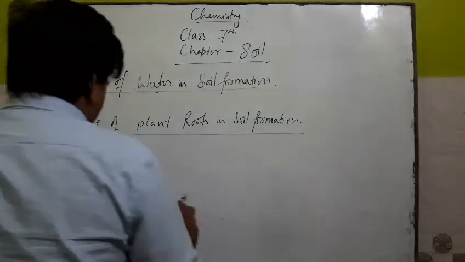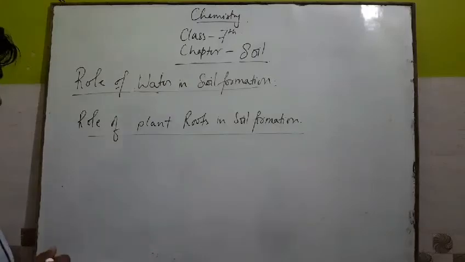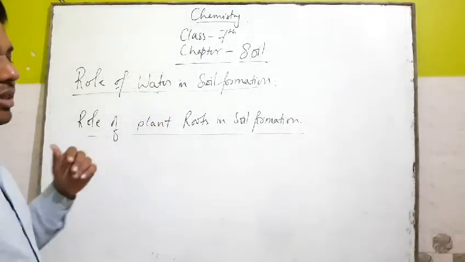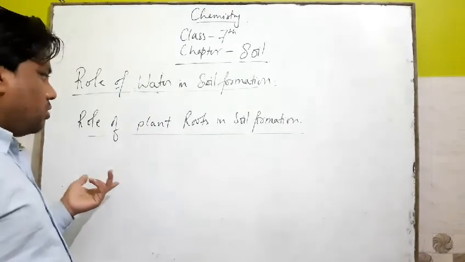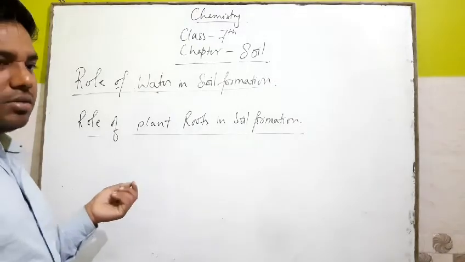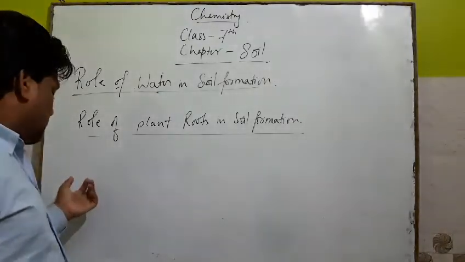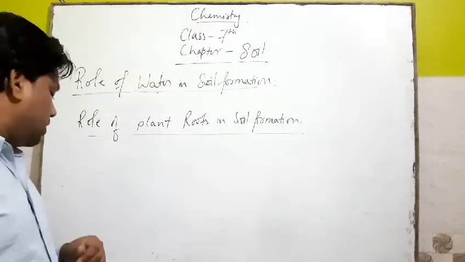When the roots of plants enter the crevices, means small holes of the rock particles, they go in search of water. Why do they move? They move in search of water.